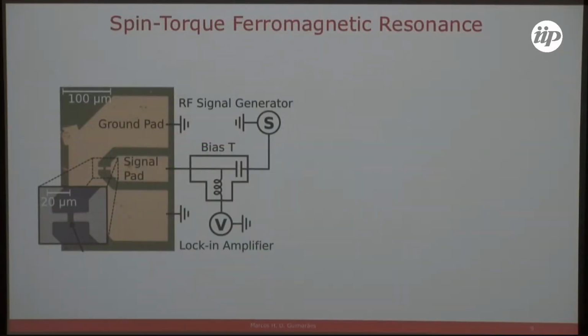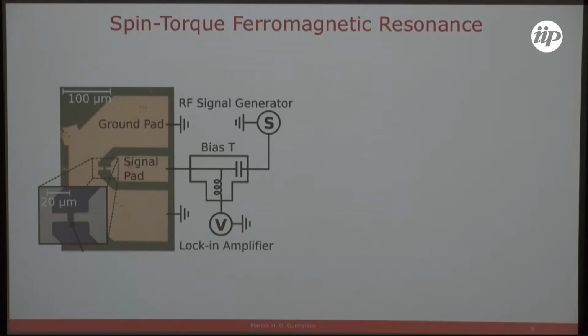And one technique that we use a lot, which was originally developed at Cornell in Dan Ralph's group, is spin torque ferromagnetic resonance, which is a ferromagnetic resonance technique where we have a coplanar waveguide for radio frequency currents. We send a radio frequency current through this coplanar waveguide, and between the signal line and the ground line, we have our little teeny tiny spin-orbit metal ferromagnet bilayer.